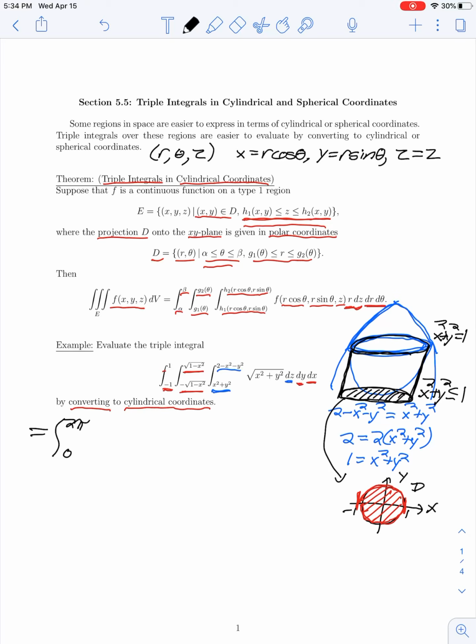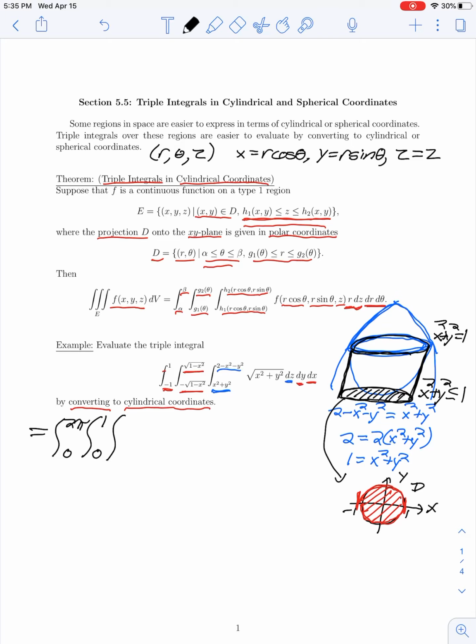For r, the next integral, r could range from 0, the center of the disk, out to the outer circle, which was a circle of radius 1.